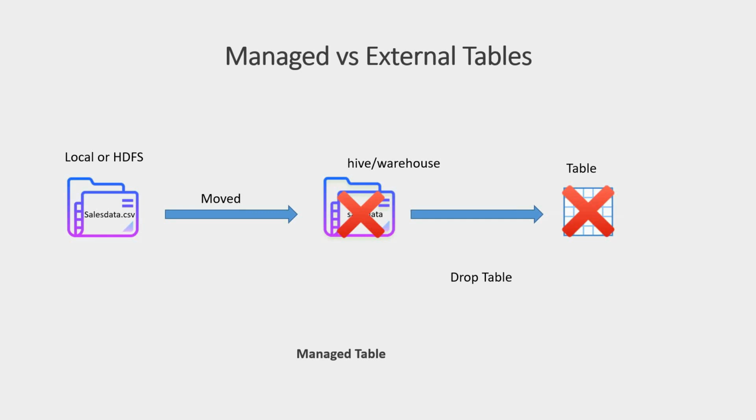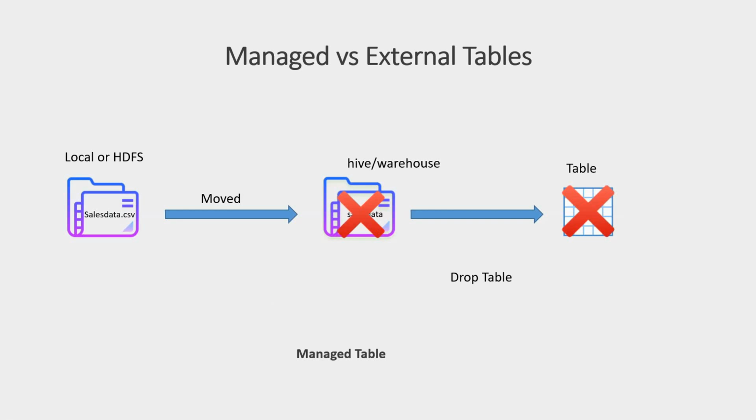So basically the data totally disappears in a manage table. So that is the reason the data from the user James sales folder disappeared, because the data got moved.